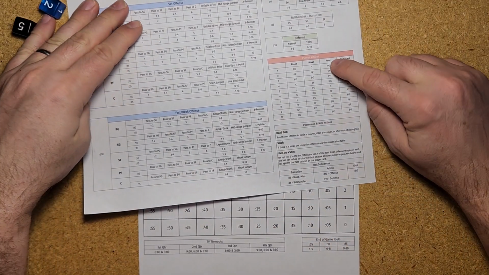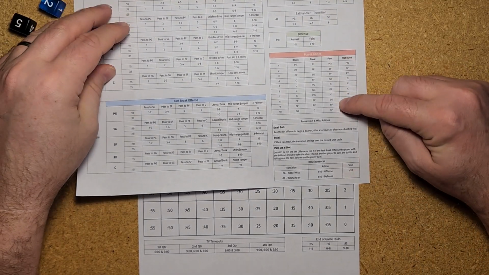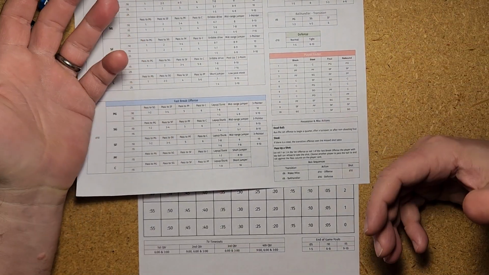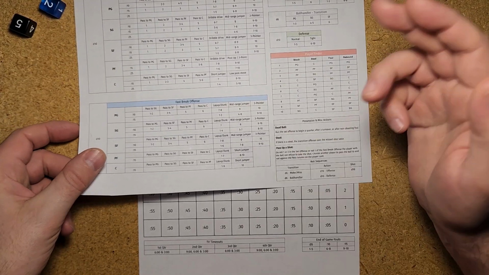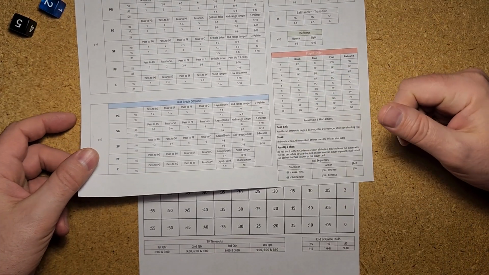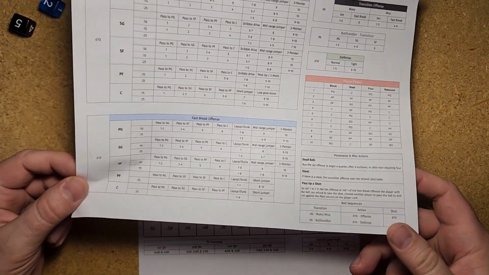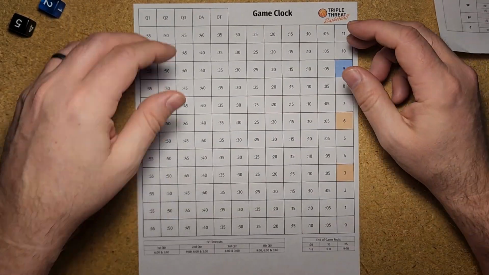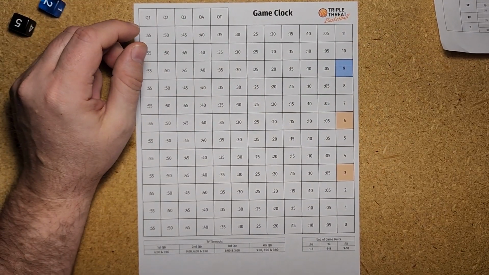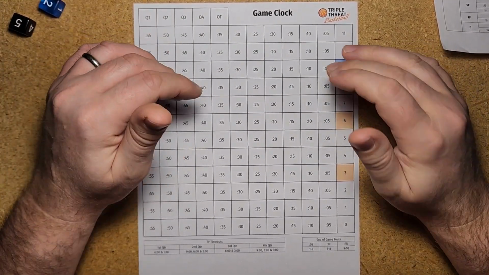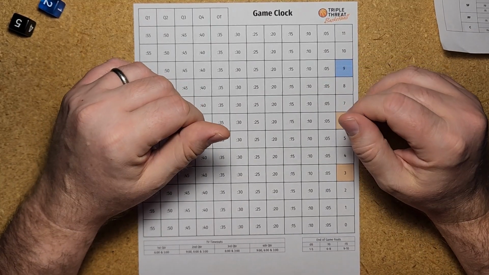You could use your foul column here to determine who got fouled and then who did the fouling as well. Or you could just use the player who's opposite. So you find out who got fouled and then you use the player who's opposite on the other team for the person who committed the foul. Okay, so those are sort of the clock options that you have.